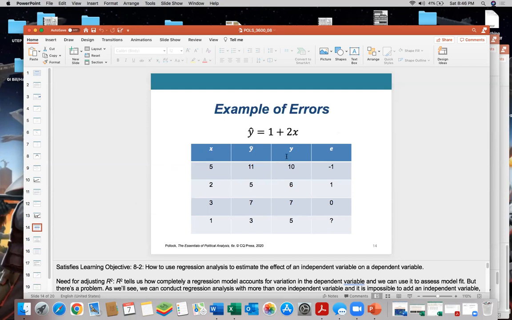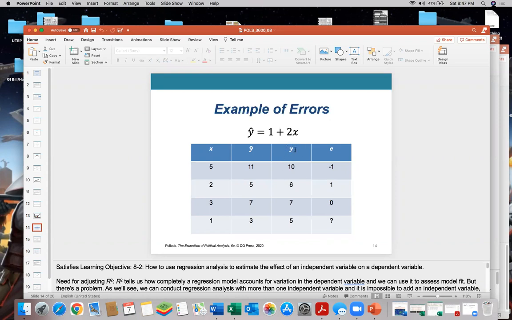So here you can see your y hat: if you plug 5 into this equation for x, you have 10 plus 1, so your y hat would be 11. That was your predicted. But your actual y ended up being 10. So it's the actual minus the predicted. I'm not sure if I said that the wrong way before, but it's the actual minus the predicted.